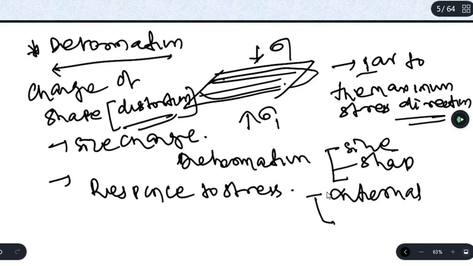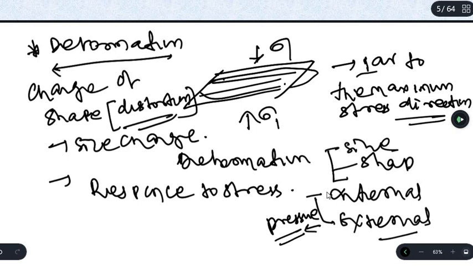It is internal, not external. External is pressure. ये एग्जाम्पल भी दिया हूं. Society gives you the pressure, you feel the stress. सिंपल. ये एग्जाम्पल मैं हमेशा देता हूं. Am I right or wrong?